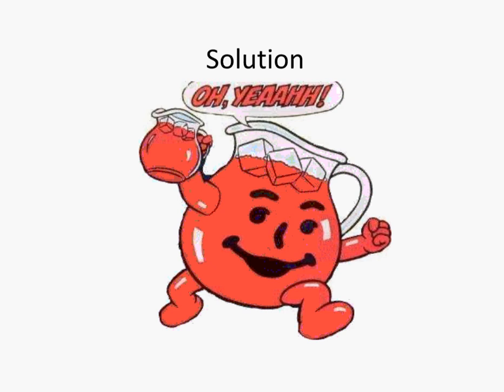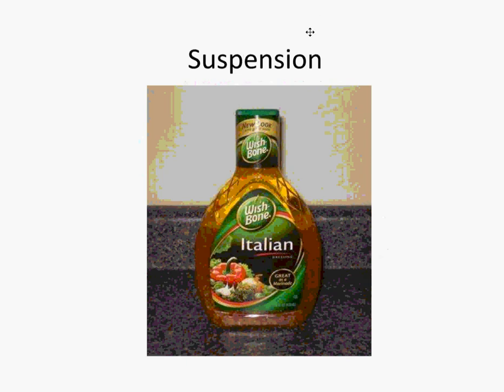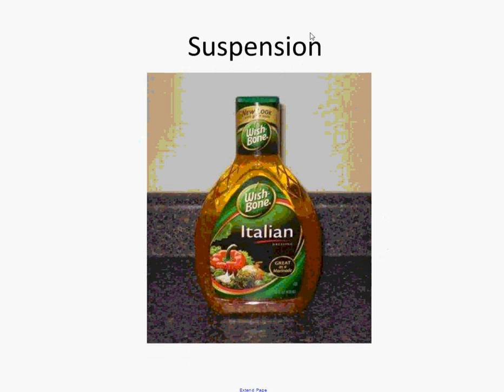The other difference is with a suspension, you have this temporary suspension of materials. Not everything is dissolving. Maybe some things are, but not everything. Italian dressing is a great example of this because you have oil and vinegar and some floaty stuff.